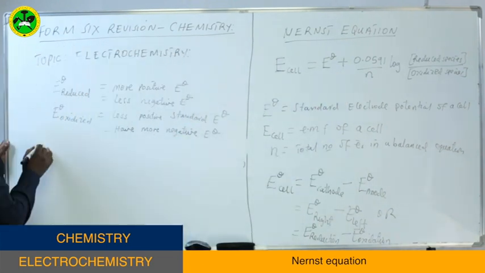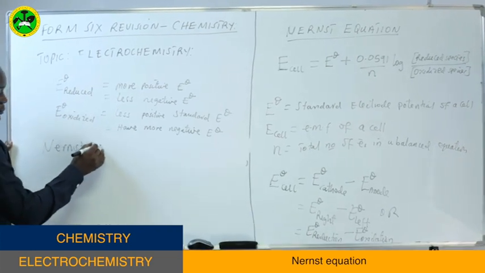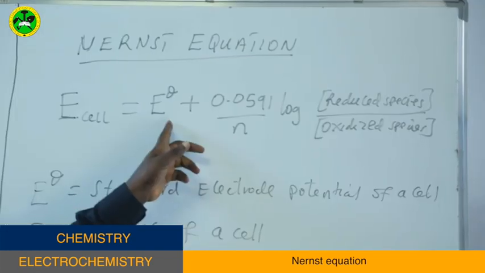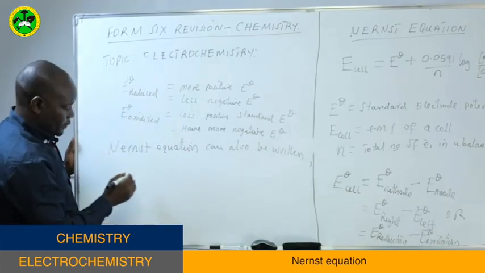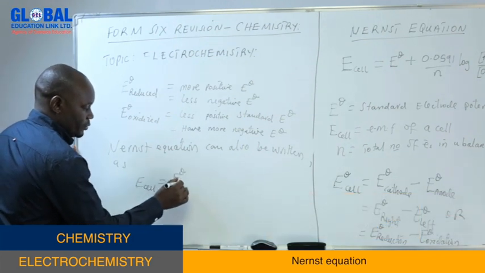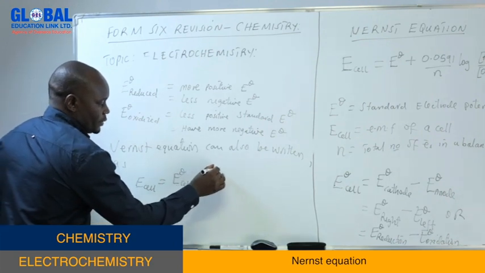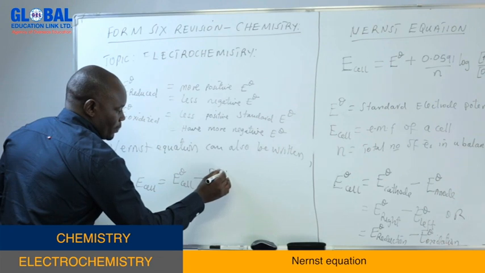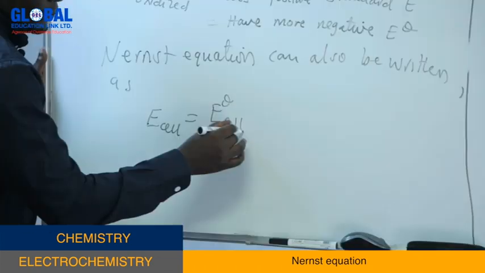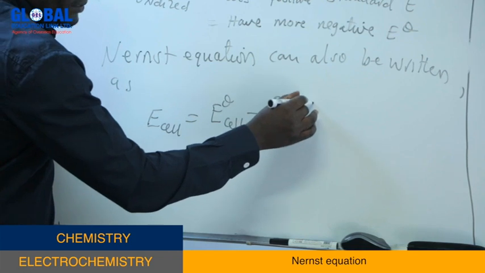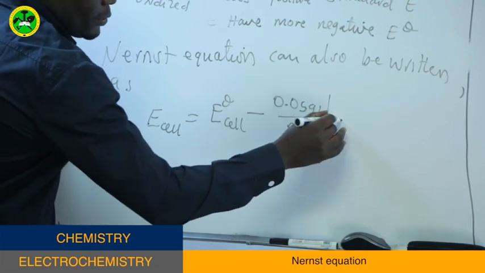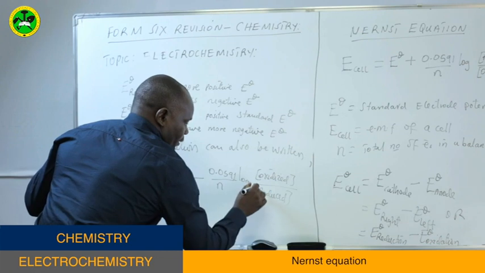So the equation can also be written as EMF of a cell equals the standard electrode potential of the cell, then minus 0.0591 over n, then log of, here now, instead of reduced species over oxidized species, the concentration of oxidized species over the concentration of reduced species.